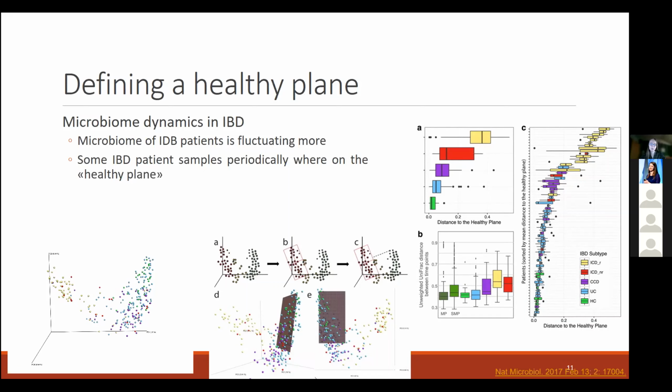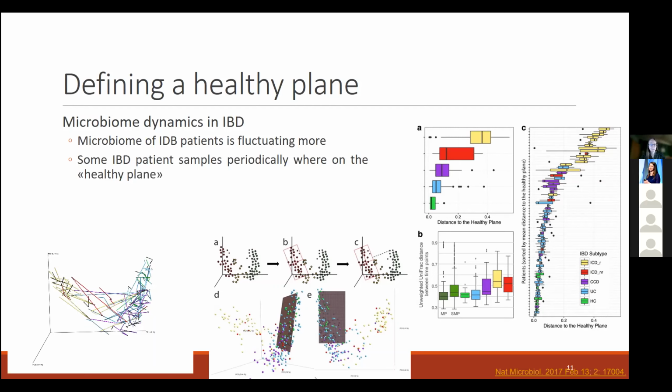They plotted all samples in this multidimensional axis, and they tried to define a healthy plane, which is here in gray. It is a surface where most of the healthy samples could be found. And what is interesting is that some IBD patients were periodically on the healthy plane.